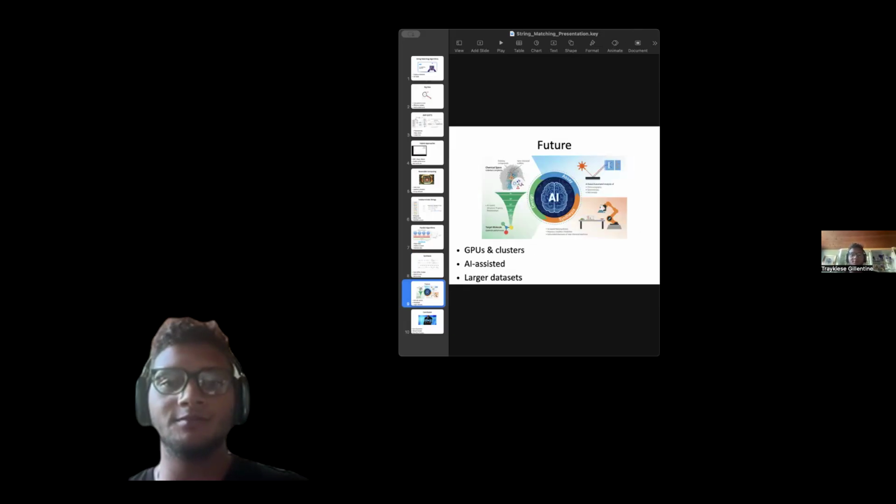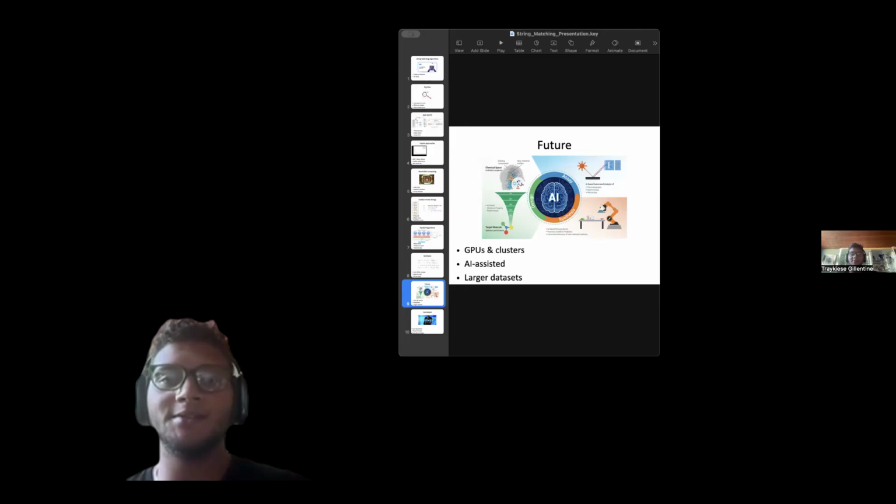Looking into the future, we can expect even more integration with hardware and AI. GPUs and distributed systems will allow algorithms to process data sets that are far beyond the capacity of a single machine. Artificial intelligence may also play a role in guiding and accelerating searches by predicting likely matches before the algorithm even finishes.